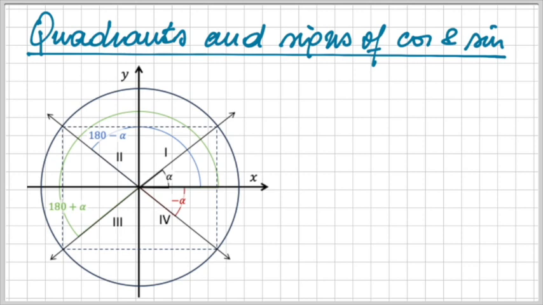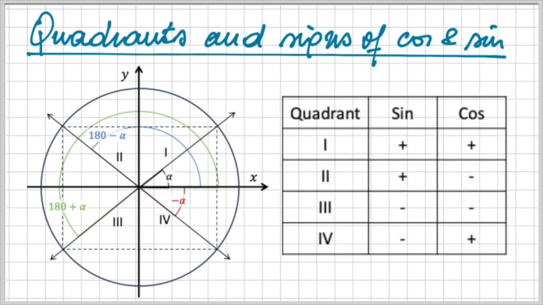Then alpha between 90 and 180, and we can say it's 180 minus alpha. In the third quadrant, we are between 180 and 270. And in the fourth quadrant, we are between 270 and 360, or we can also call this angle minus alpha. It would give us the same result.